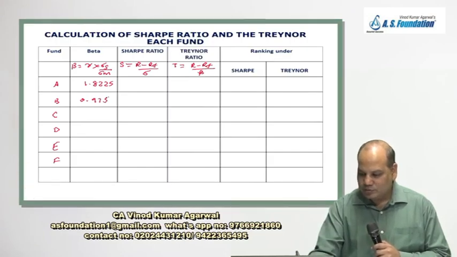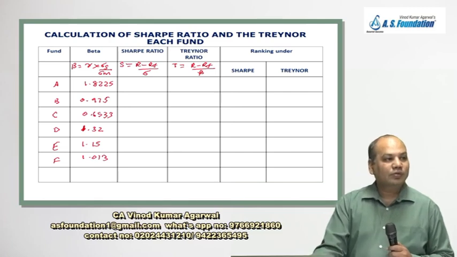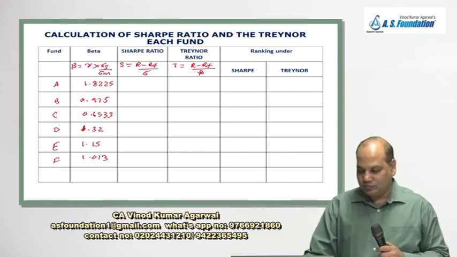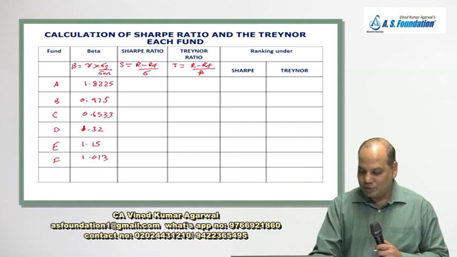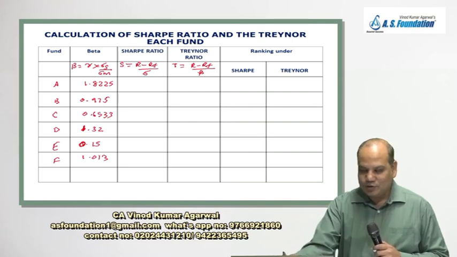Okay, C below. 6533. Then 1 point. Okay, next. 0.1. Is it right? 0.15. Remaining are right? Okay. So this is a test of your patience.